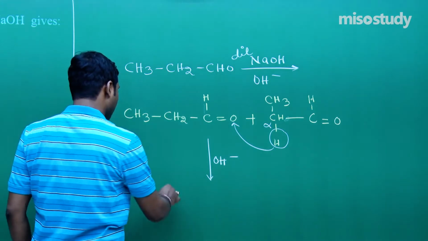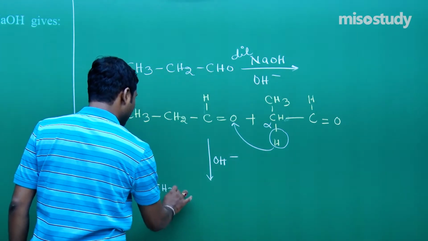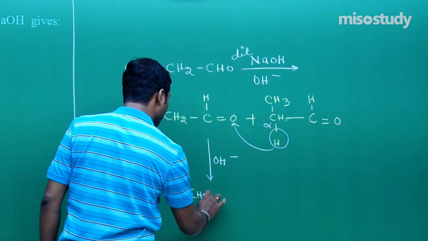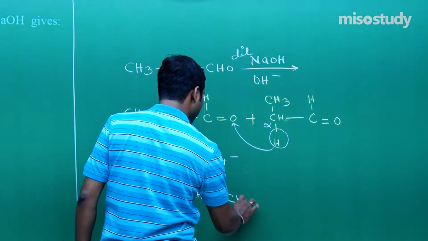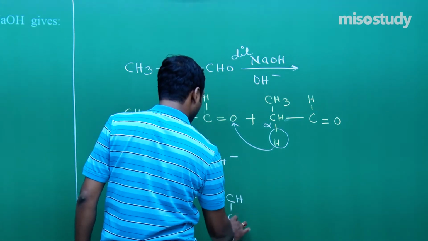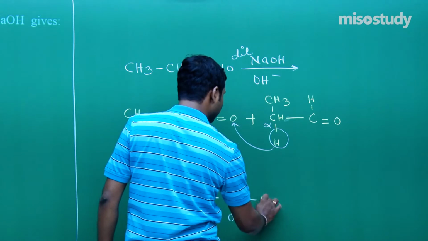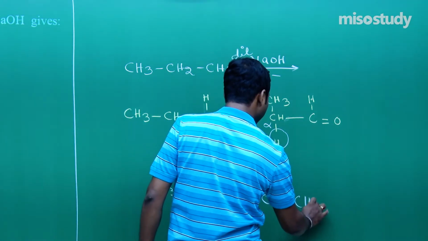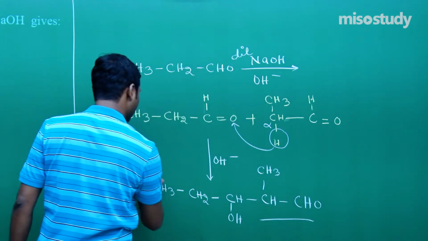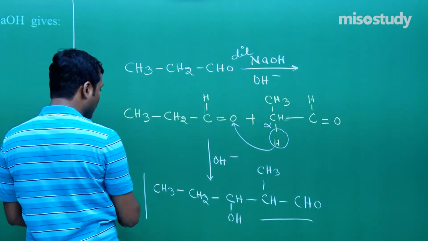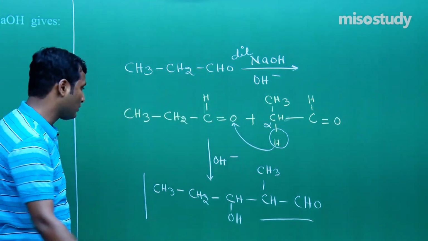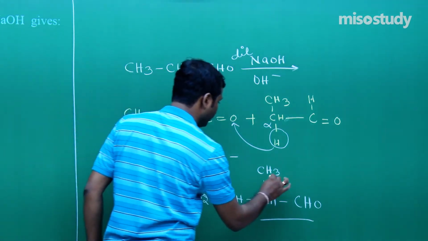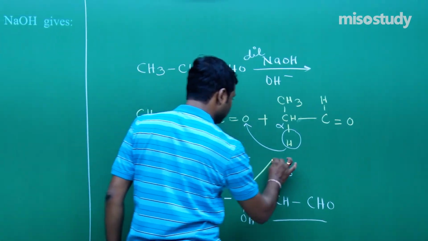So the product is CH3CH2CH(OH)CH(CH3)CHO. This is the product. Now check which one is the correct option.